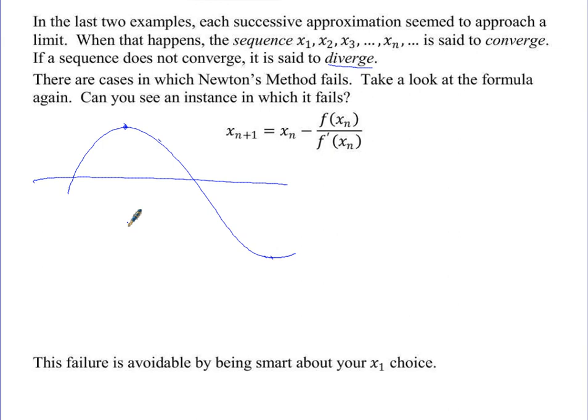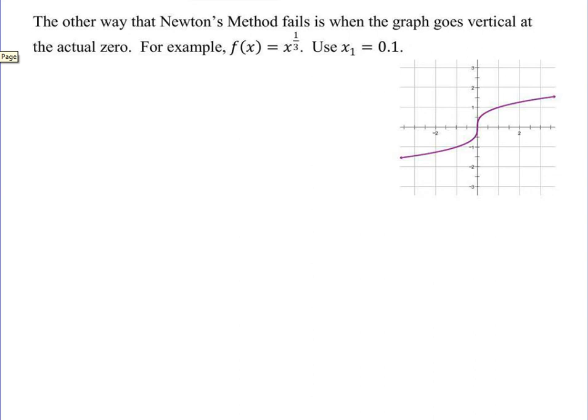Okay? The other place that Newton's method fails is if the graph happens to go vertical at the point where the graph crosses the x-axis. So in this case right here, if the graph goes vertical, you're not going to be able to use Newton's method because you can't take the derivative at that point. Okay? So if we use x1 equals 0.01, like maybe right here, then here we are at my function.